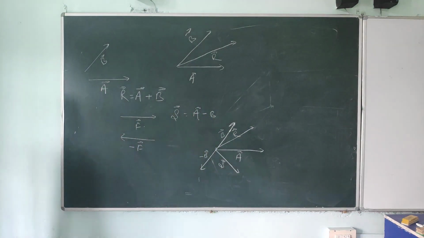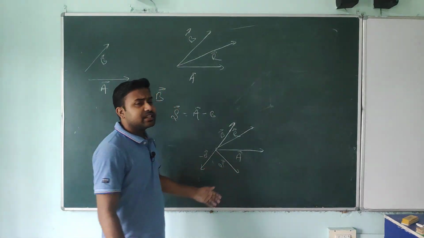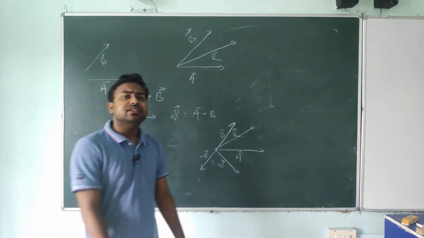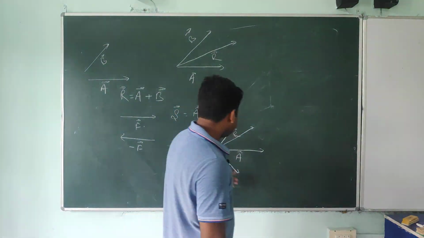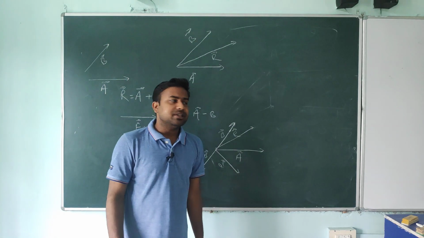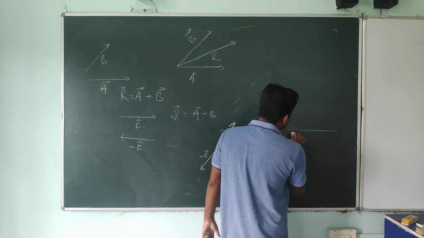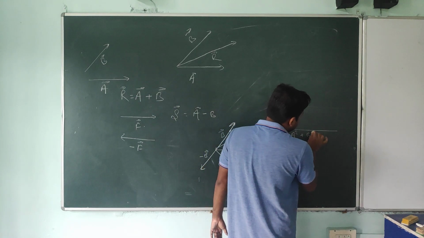Suppose you all understand. Okay, now for the S vector, in this case what you have to do is replace B with the minus B. It means the value of S will be root under A square plus B square.